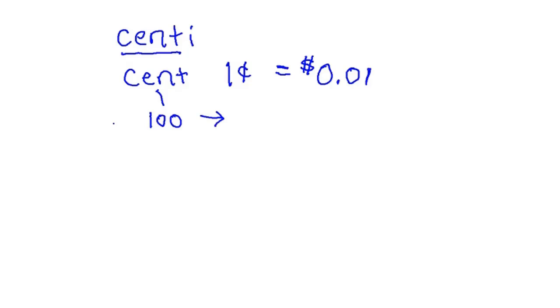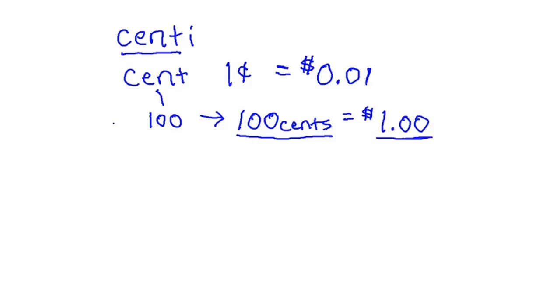So that means that 100 cents are needed to make up just $1. A cent is smaller than a dollar, and it takes 100 cents to make $1. So here's the 100 right here, and our decimal point goes after the $1 right there.